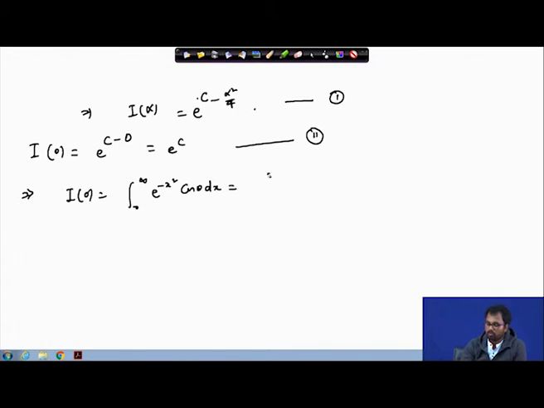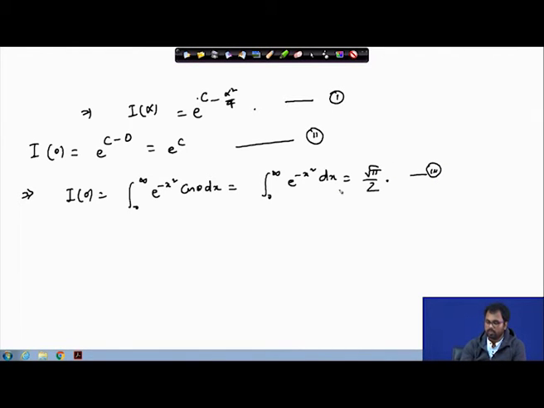Cos 0 is 1, so this will be the integral from 0 to infinity of e to the power minus x square dx. And in our previous lecture, we proved that this is nothing but gamma half by half. So that means square root of pi by 2. This relation we already proved in the previous topic.